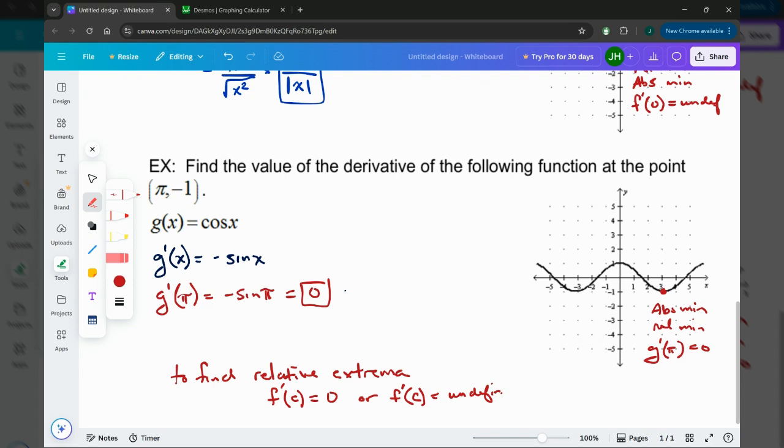So maybe what I need to do to find relative maxes and mins, and maybe it will help me also find absolute maxes and mins, is start looking for where the derivative is equal to 0 or where the derivative is undefined. In another video, I will show you guys how to use this information to find maxes and mins.